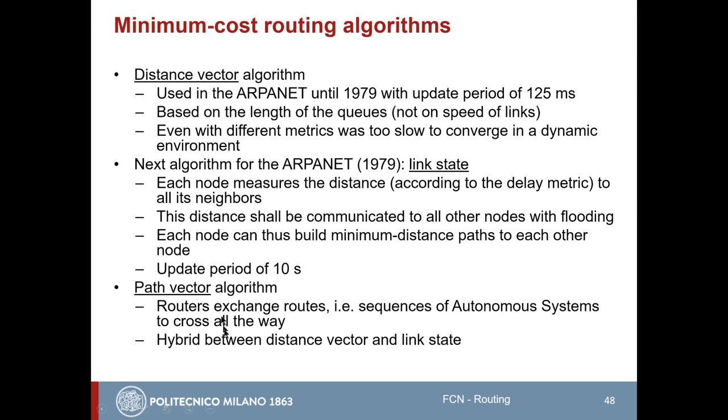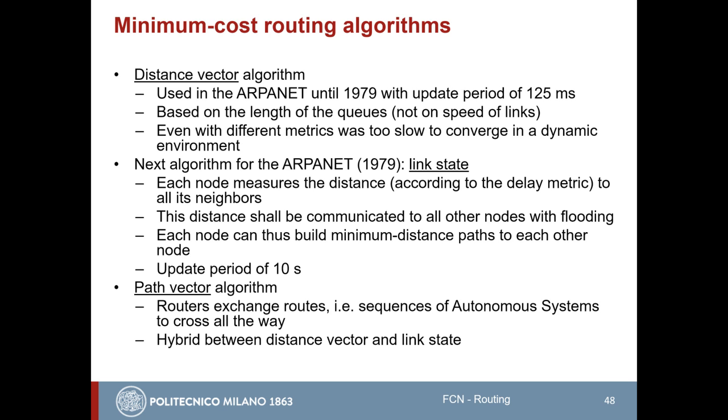In this case, the routers exchange information with the neighbors, like in the distance vector case, but this information contains not just indications of distances, but sequences of nodes. Okay, so this information contains paths, and this algorithm, the path vector, is not used inside the autonomous system.